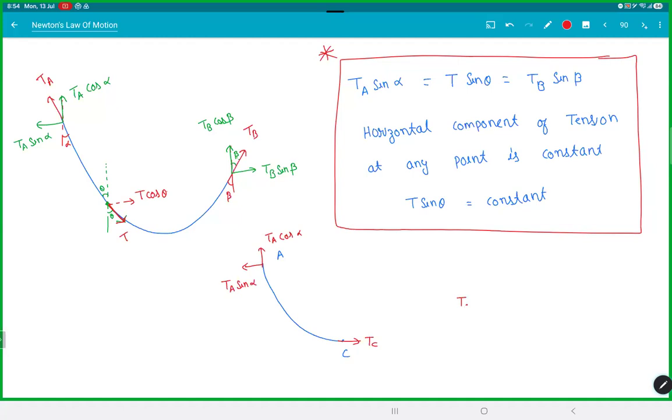So then you're done. TC is equal to TA times that component, and TA is mg sin beta by sin alpha plus beta. If alpha is equal to beta, both the strings will be at the same level and you're done.